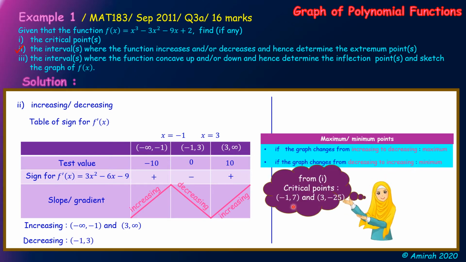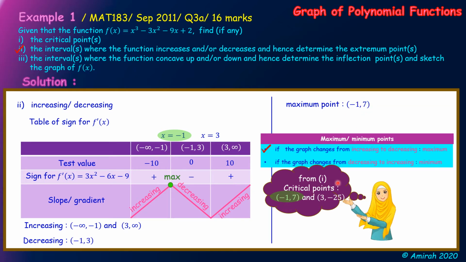From Roman 1, we have critical points (-1, 7) and (3, -25). So if the graph changes from increasing to decreasing, we have a maximum point here, when x equals -1. So our maximum point is (-1, 7).